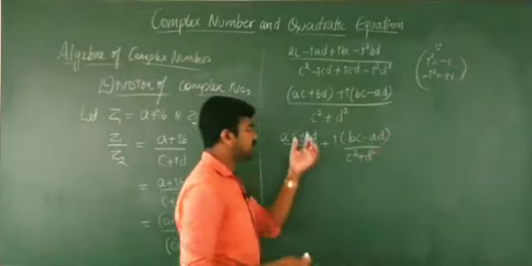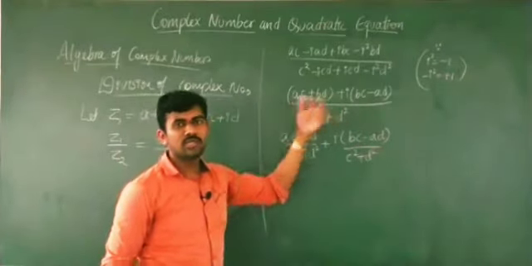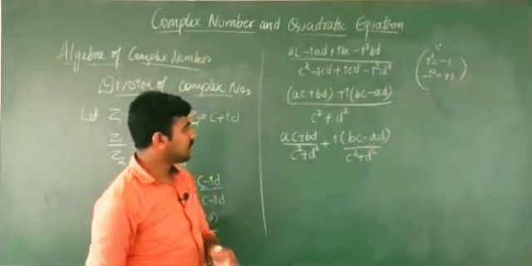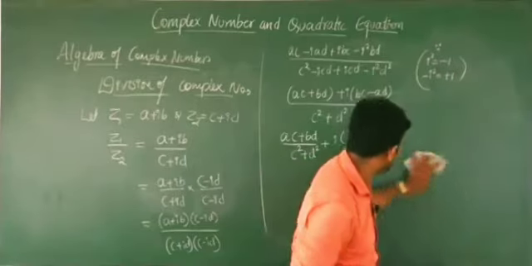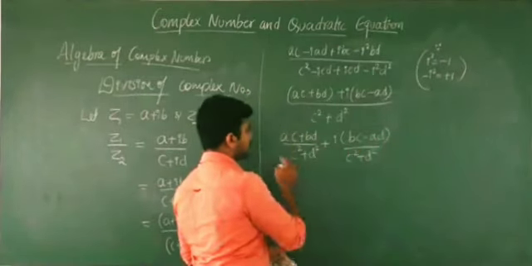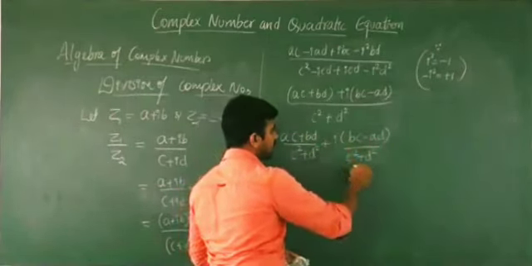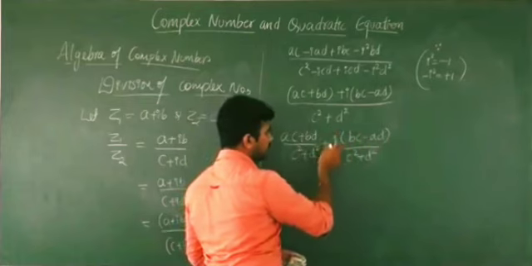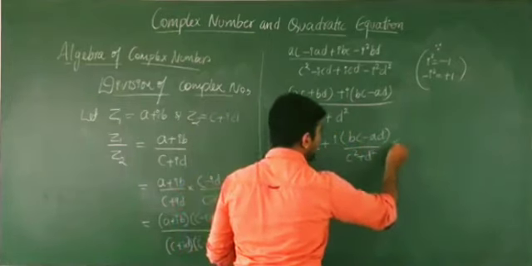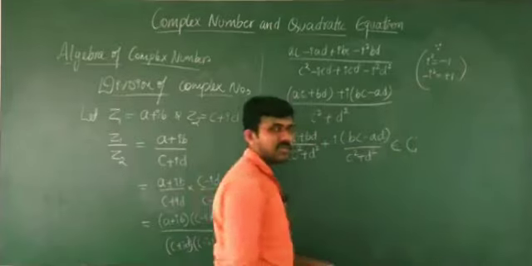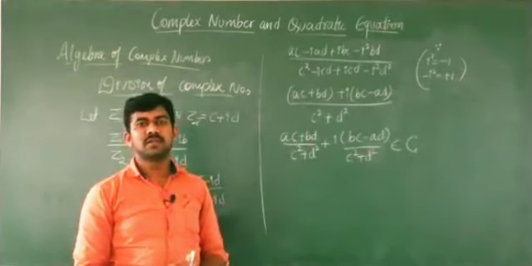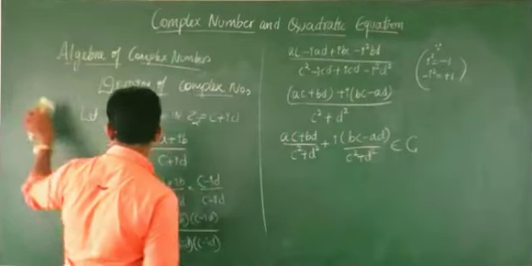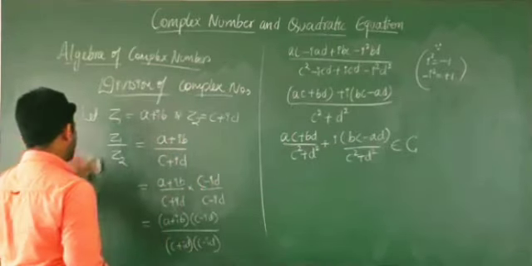I am separating the denominator across both terms of the numerator. Then this is in the form a plus ib, or x plus iy. So clearly this belongs to the set of complex numbers. The division of two complex numbers also gives a complex number only.